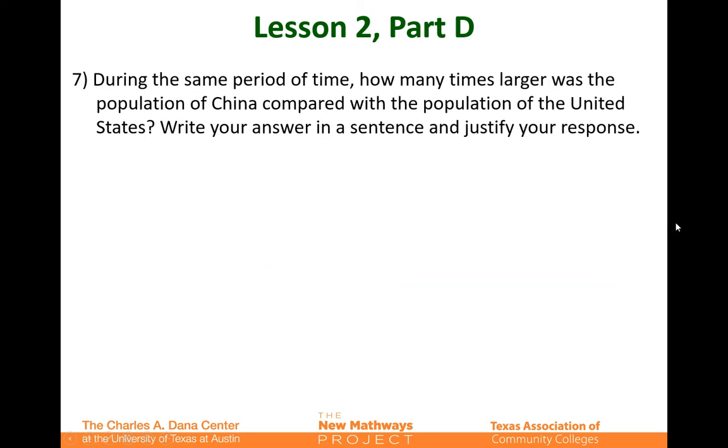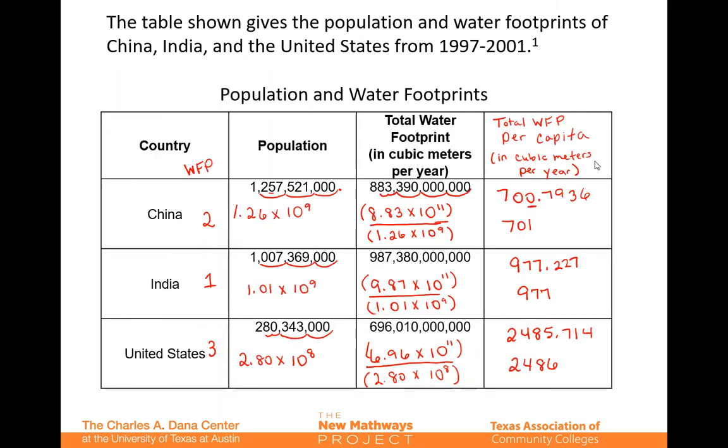During the same period of time, how many times larger was the population of China compared with the population of the United States? Well, the population of China at that time, let's go back and pick up those numbers, was 1.26 times 10 to the 9th and 280 times 10 to the 8th.